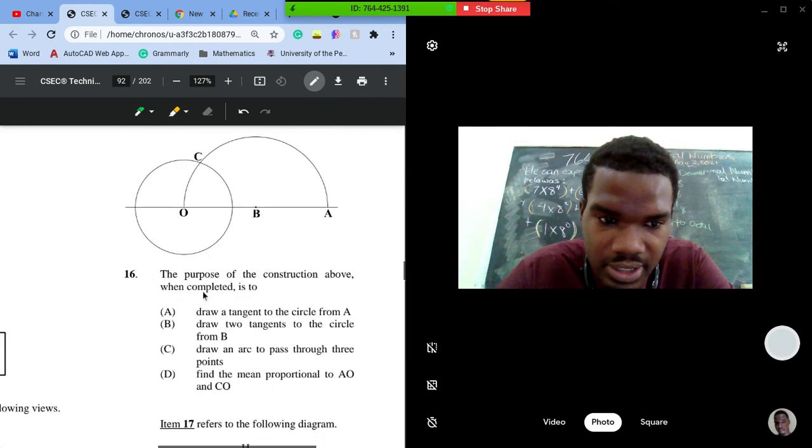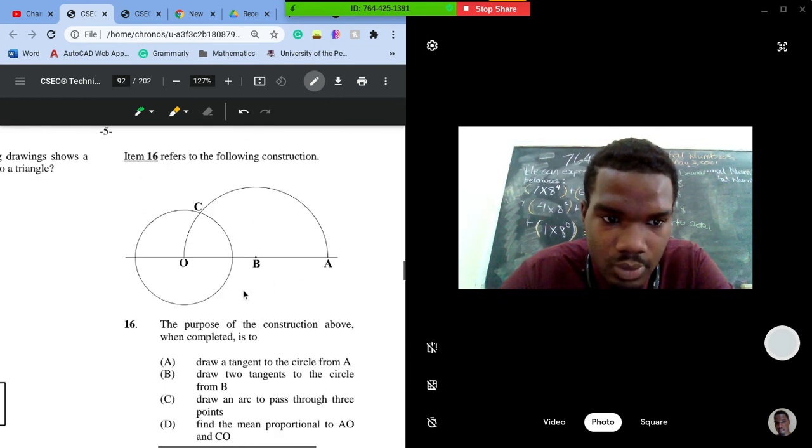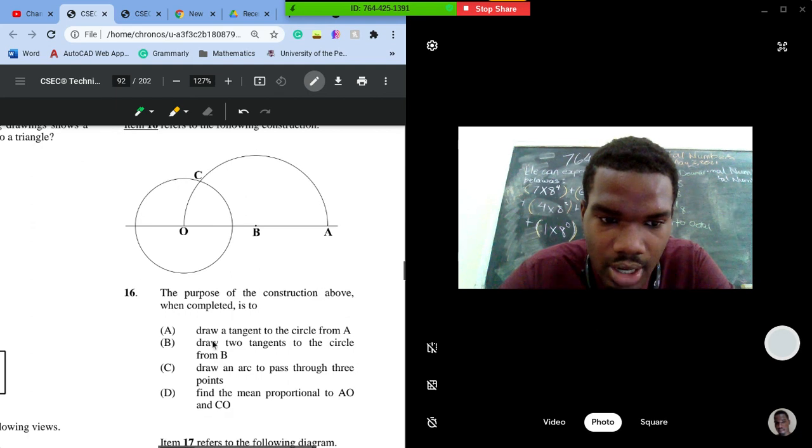The purpose of the construction above, when completed, is to, we have a circle and we have a semicircle from that center point all the way out. Is it to draw a tangent to the circle from A? To draw two tangents to the circle from B? To draw an arc to pass through 3 points?